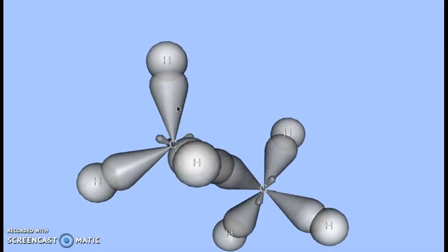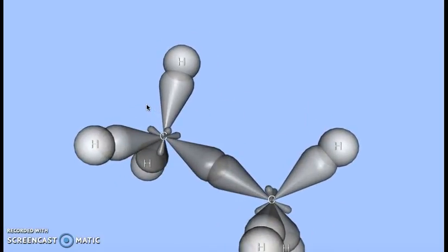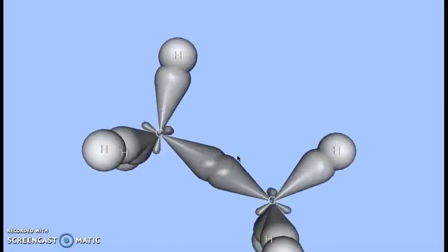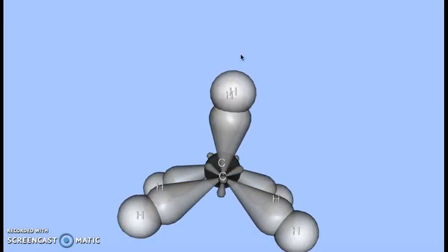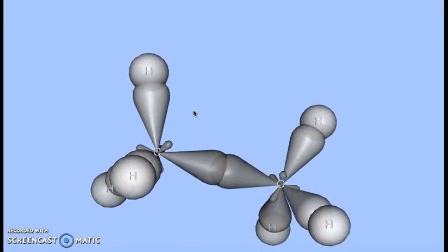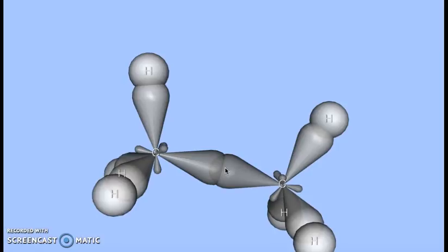Notice that all of the angles in this molecule are 109.5 degrees, and that is what we expect and what we've learned is the case for any tetrahedral molecule and a molecule that has sp3 hybridization.